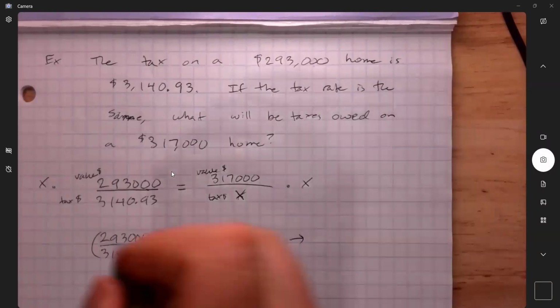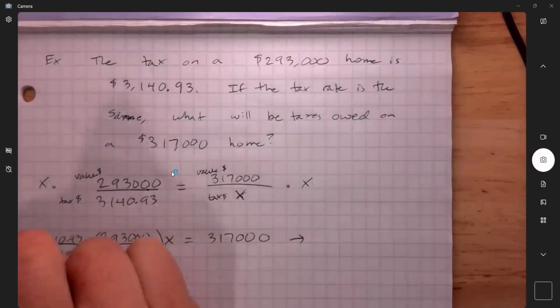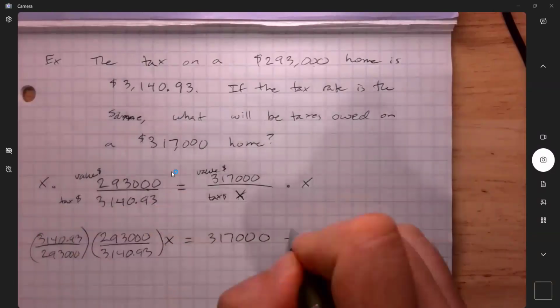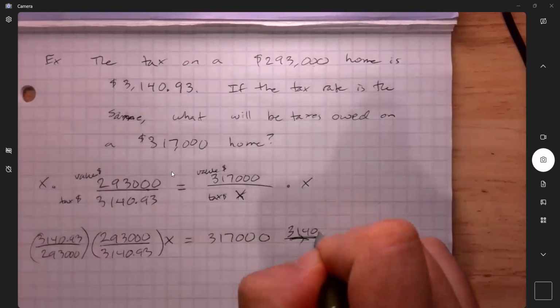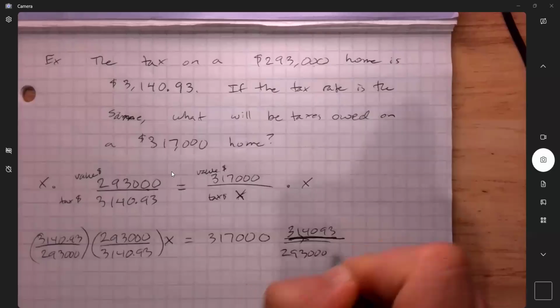And then I would multiply by the reciprocal, 3,140.93 over 293,000.